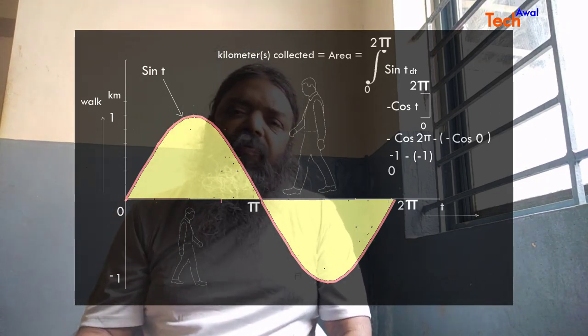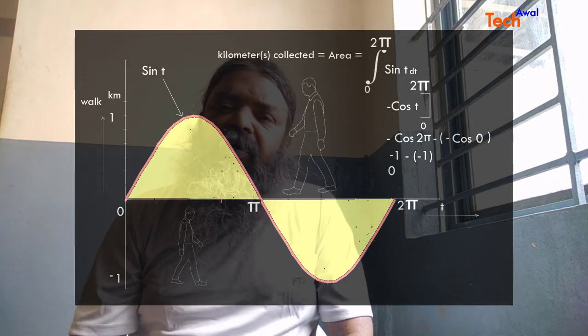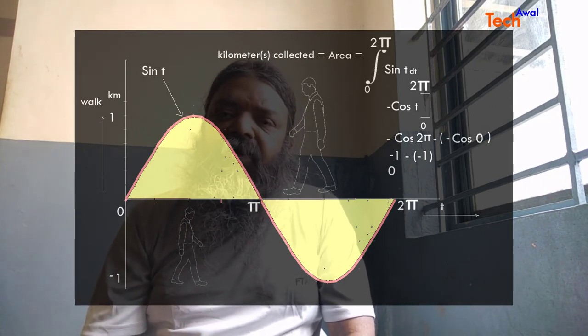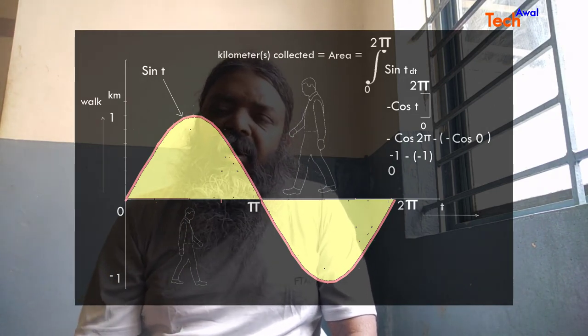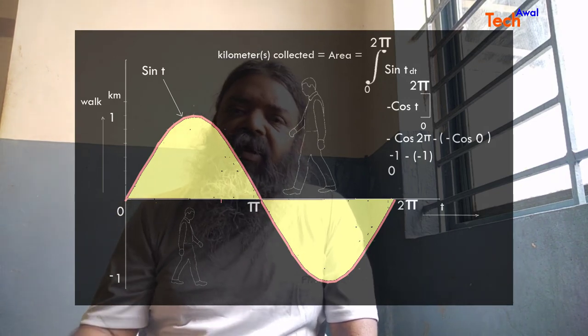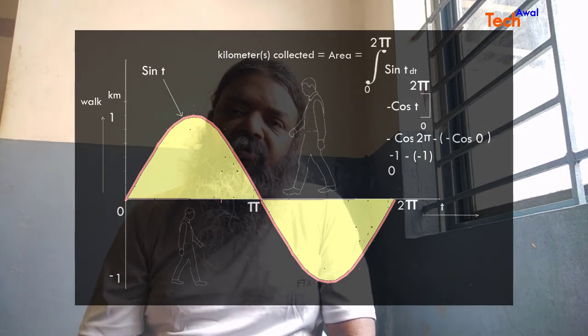So from pi to 2 pi, he started coming back, starting from rest. At one moment the collection is maximum, and then he comes to rest. How many kilometers he collected is the area, and the positive and negative areas are the same, meaning he came back to the same point. So this is integration.